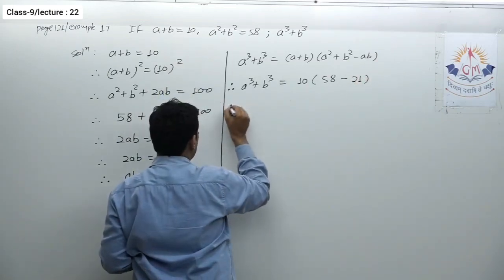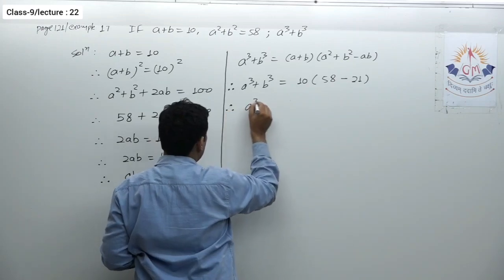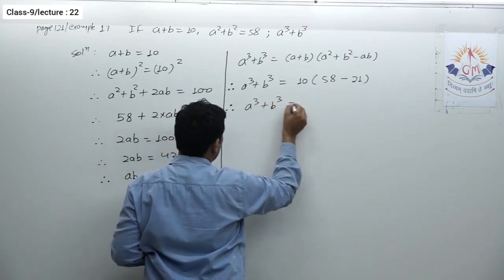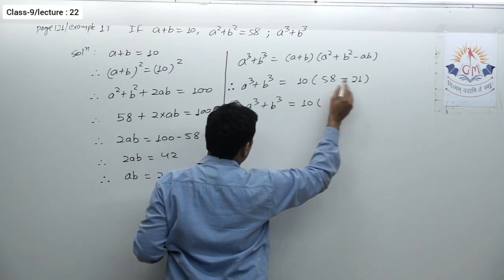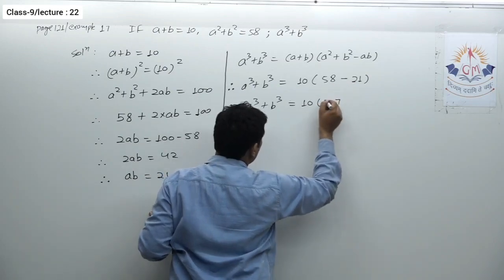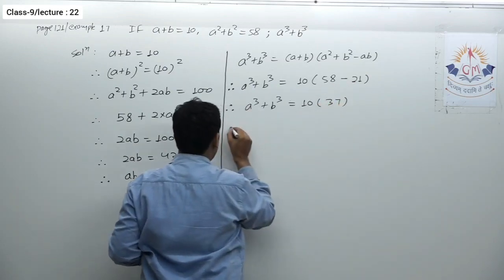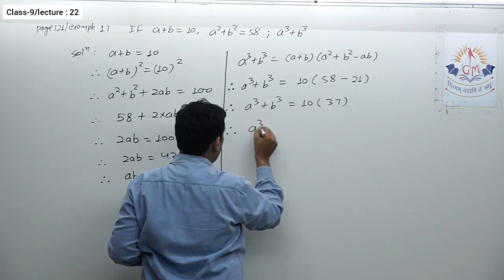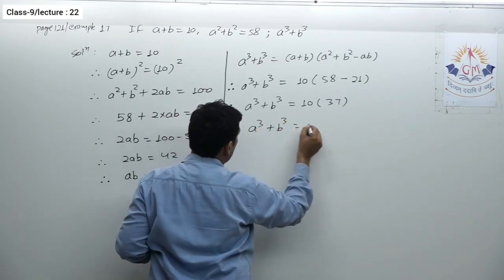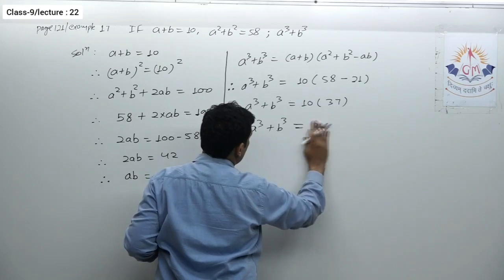So this will be 10 multiplied by 8 minus 1 is 7, 5 minus 2 is 3. So a cube plus b cube is equal to 370.